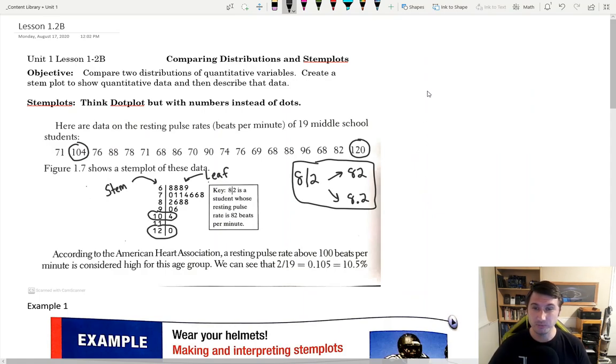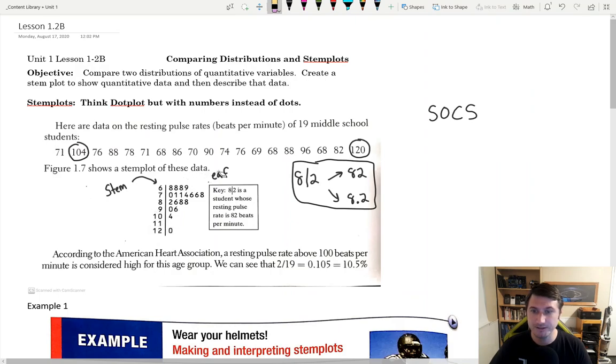Now, again, what does the picture allow you to do? It allows you to describe the distribution. So remember, to describe a distribution, we use the acronym SOCS. We want to describe all of this. So the first S stands for shape. What shape do we see here?